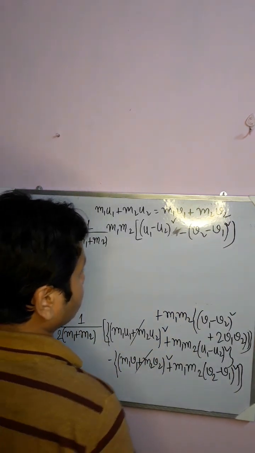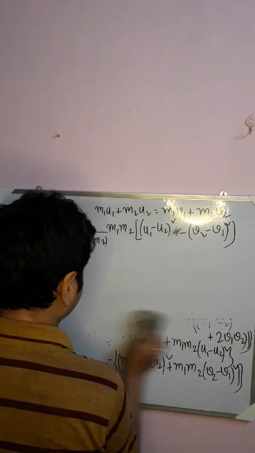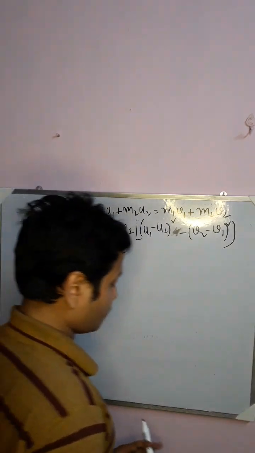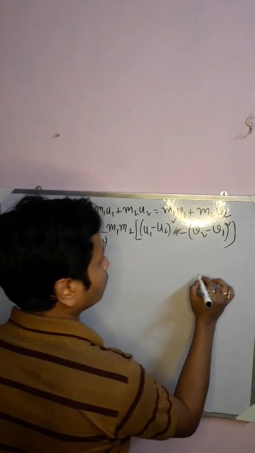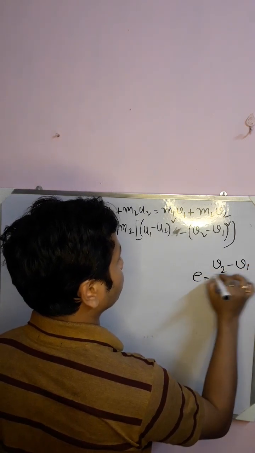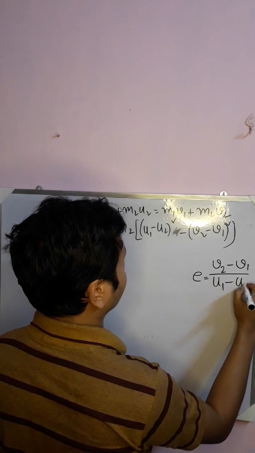Now from Newton's collision rule, we all know that e is simply the velocity of separation divided by the velocity of approach.